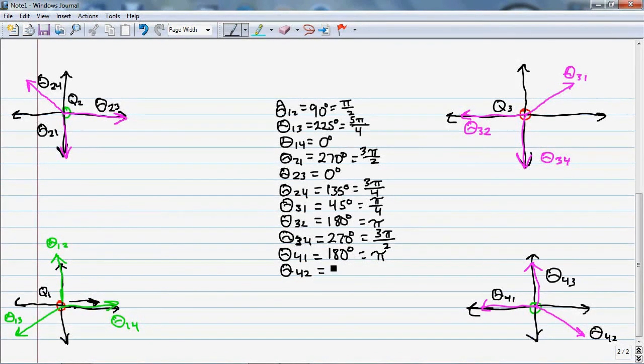That's going to give us 315 degrees, and that's just equal to 7 pi over 4. And theta 4, 3, well, that's just 90 degrees. It's just going straight up, and that's pi over 2.